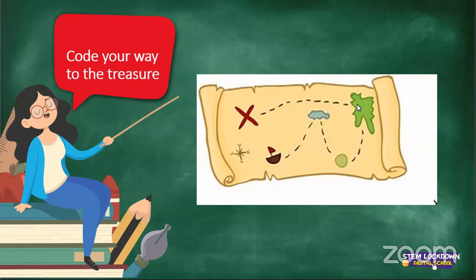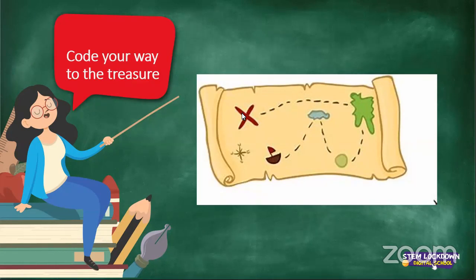Now I want to see fastest finger first. Who can tell me how many steps are needed from this green patch to the treasure? 11, Safia says. Let's see who else. Nkwanda also says 11. Anyone else? Rarak says 10. Let's give one more person a chance before we count together as a class.